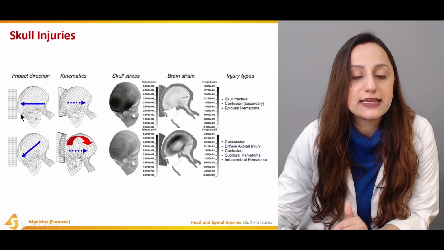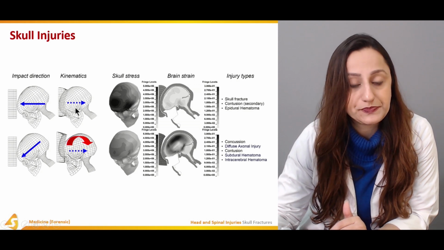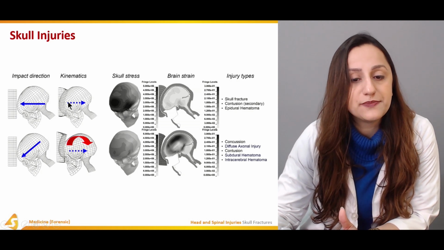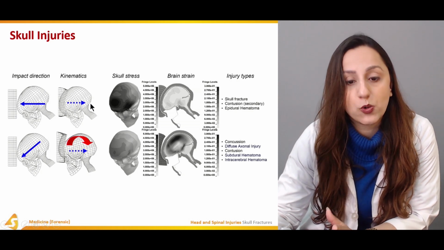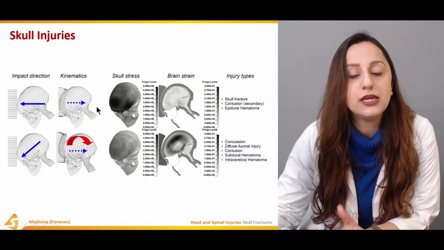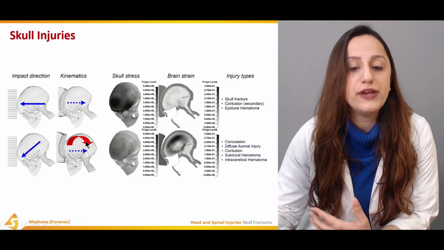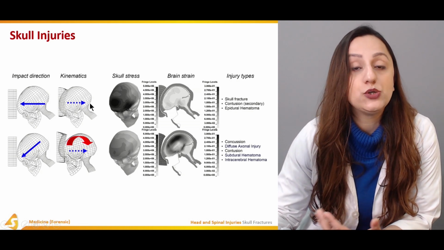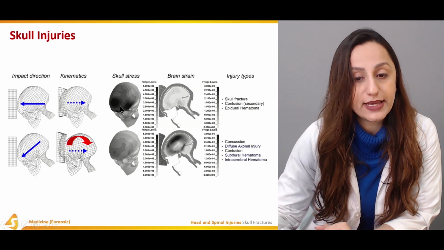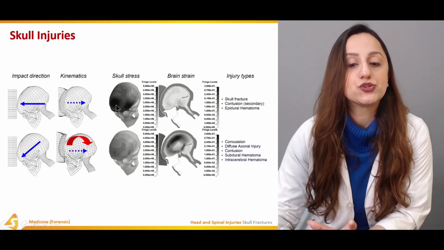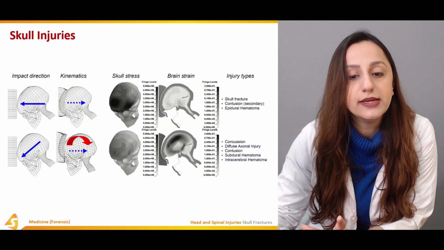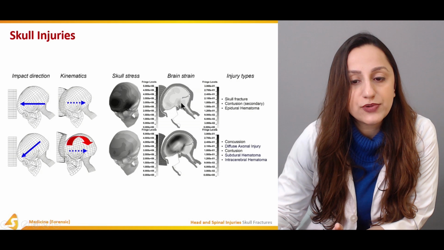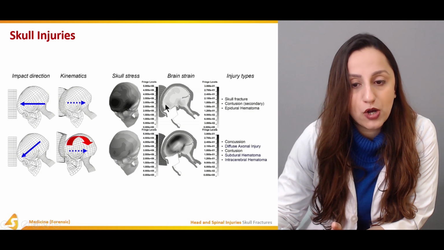And now what is the kinematics over here? The kinematics in the front impact injury is direct backward, and it's also known as the coup injuries. Over here we'll have the contrecoup injuries as well, and over here we'll have the coup injuries. Now the skull stress is defined through the blacker portions in this diagram, and then we have the brain strain, the slightly grayish area over here.